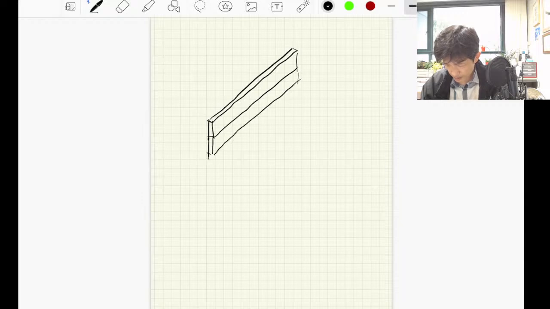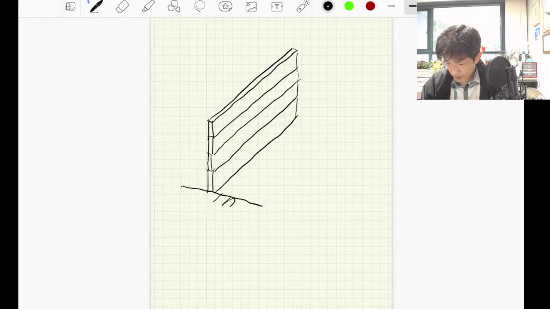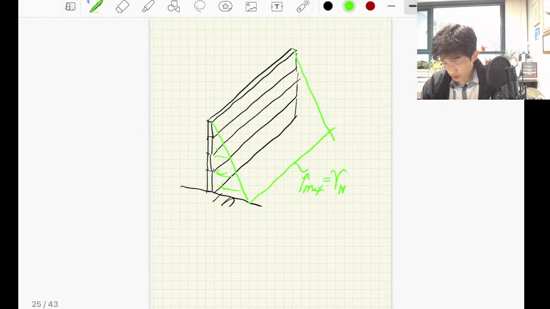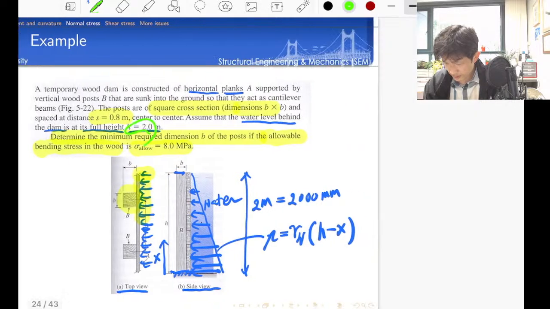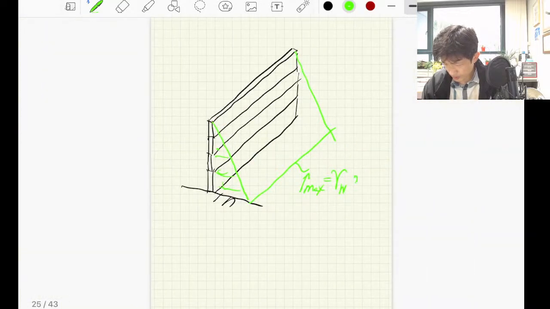Okay, we have a plate, and then it is the bottom here, and it is subjected to water pressure. What's the maximum pressure value here? P max is equal to the specific weight of water times the depth. The depth is given as 2 meters, 2000 millimeters.